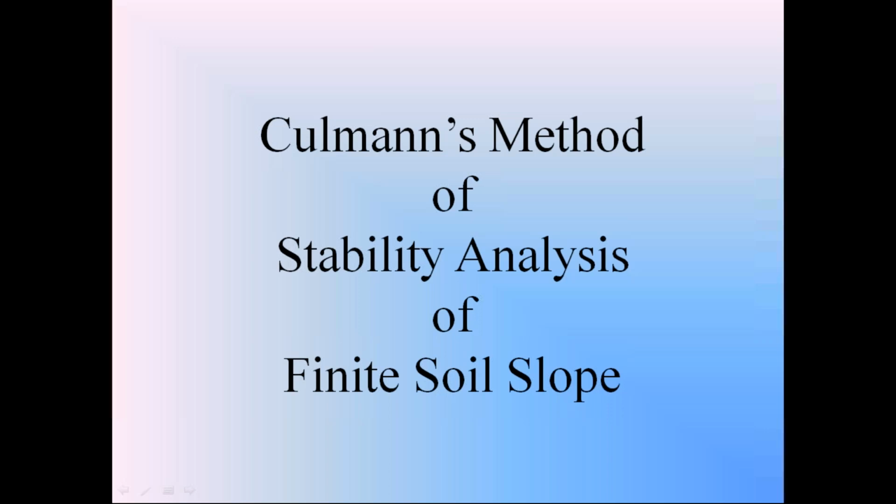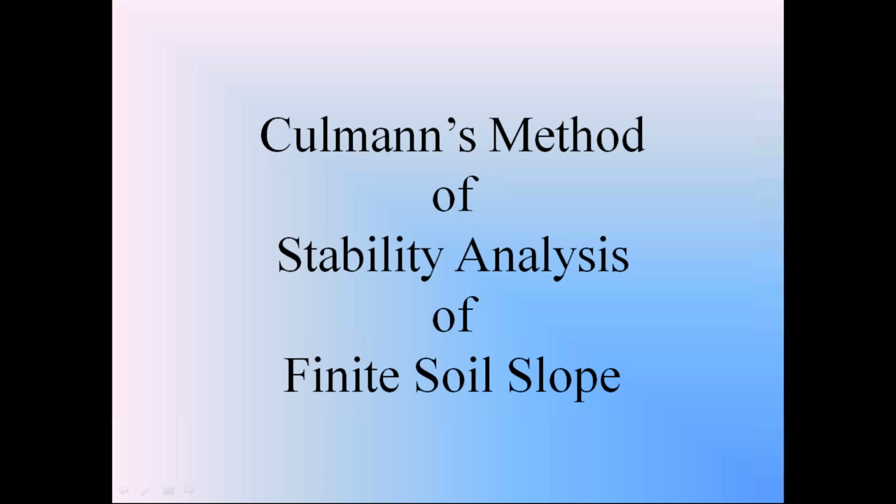So all the methods I am going to discuss with you are totally graphical methods. But in some methods, we have some equations. I will tell you that later. By using those equations in the other methods, we can also check the stability of the finite soil slopes.